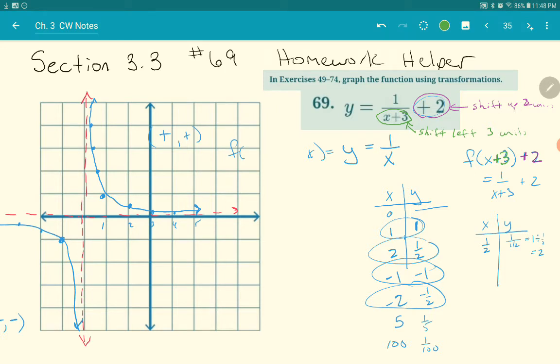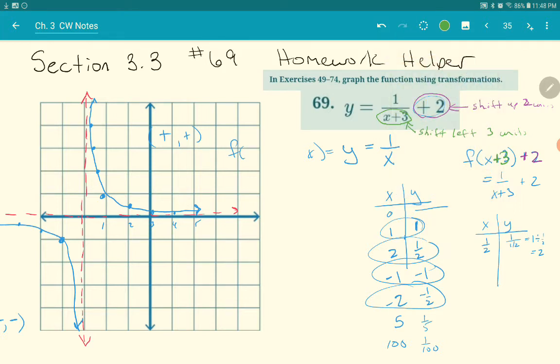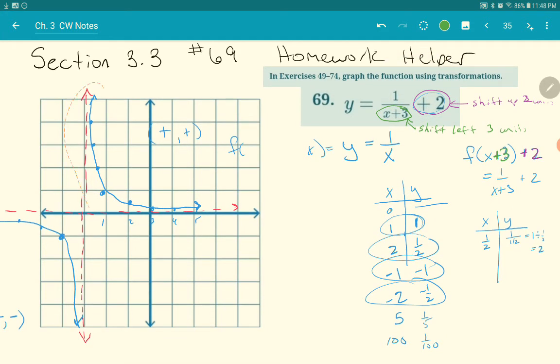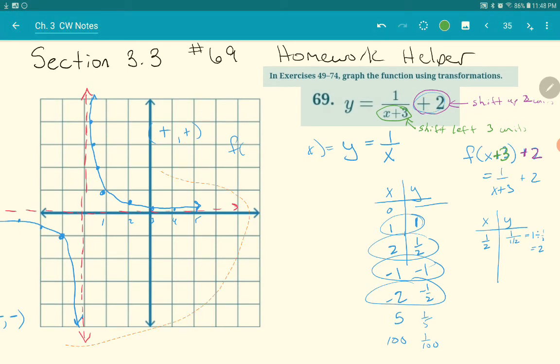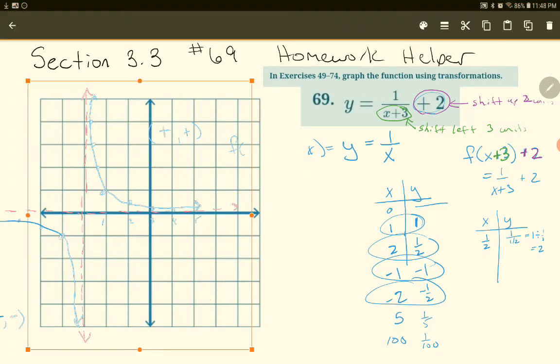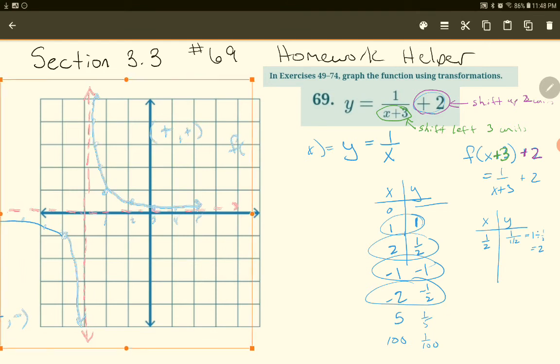And then I also have a vertical shift going up 2. I think I went too far left. I went off my paper and I'm not going to be able to get that graph back. So now I'm going to go up 2.